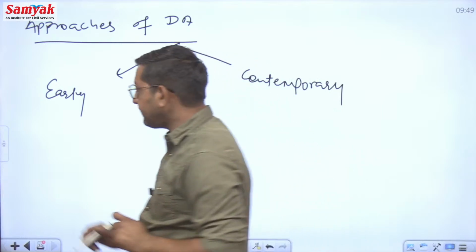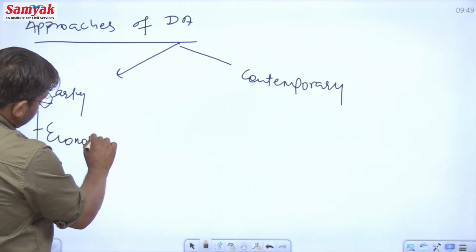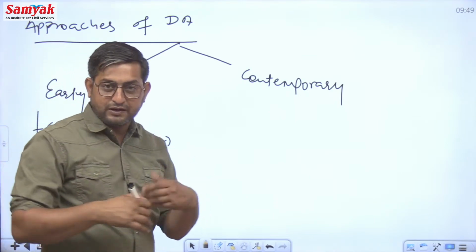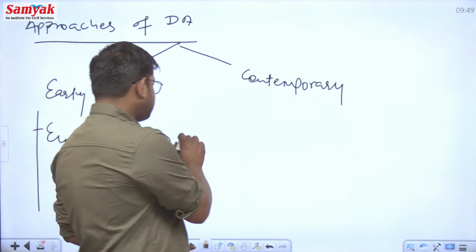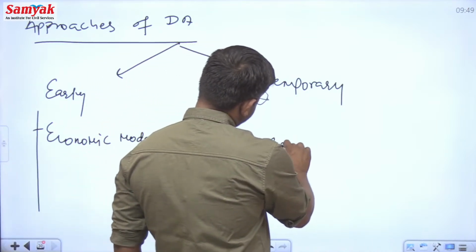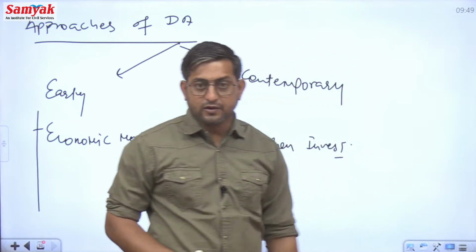So in the early approach, we have various models. For example, the economic model. It means we are talking from the perspective of African countries, basically. First save, then invest. So it doesn't work in economics.